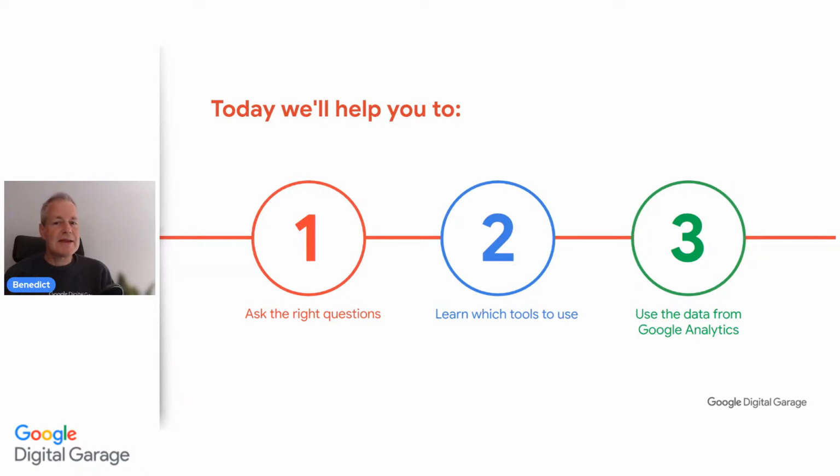Then understand how we can make sense of online data to answer these questions. And finally, understand how to use analytics data to see what it tells us about our business. So, what questions do you need to answer to help you achieve your goal? Which reports can help you find the answers that you need? And what are your next steps as a result?